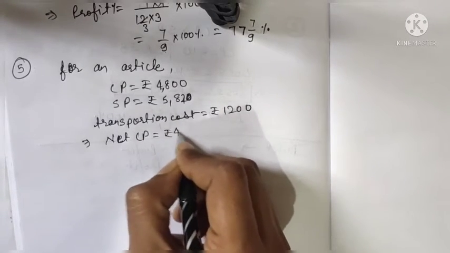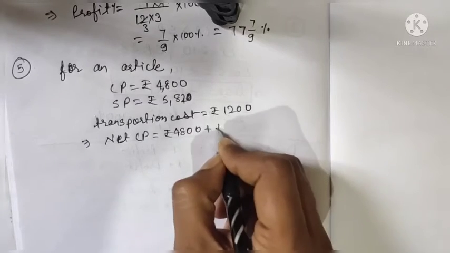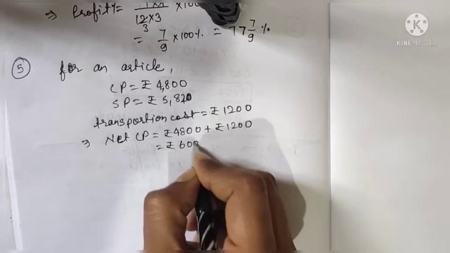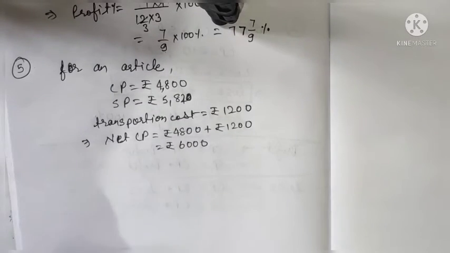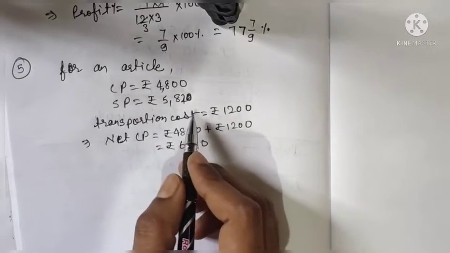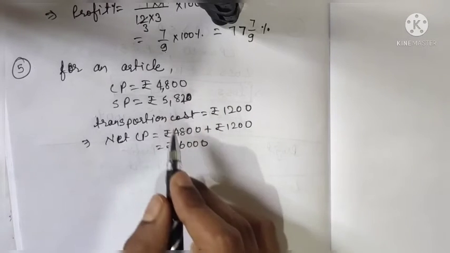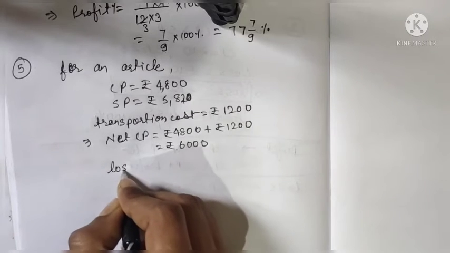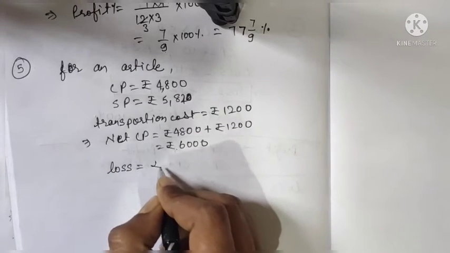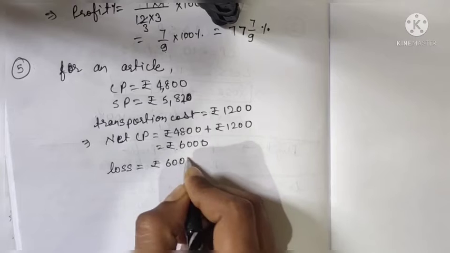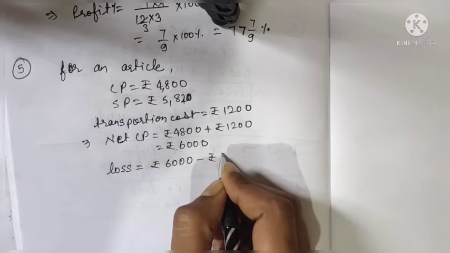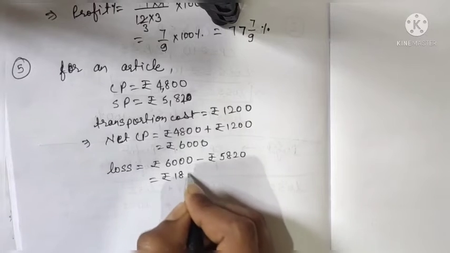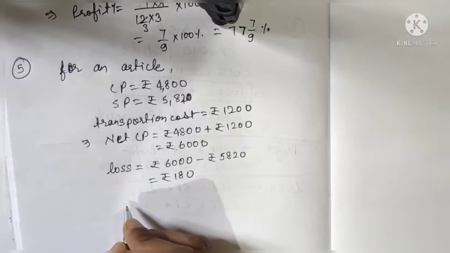Then it will be rupees 4,800 plus rupees 1,200 will be equal to rupees 6,000. Simple. Now the selling price is rupees 5,820, so clearly selling price is less than cost price. So here loss is equal to rupees 6,000 minus rupees 5,820 will be equal to rupees 180. Now we have to find the loss percent.